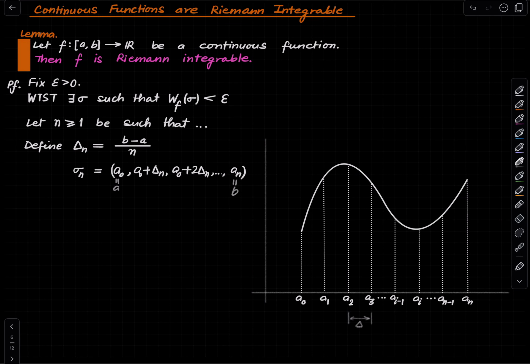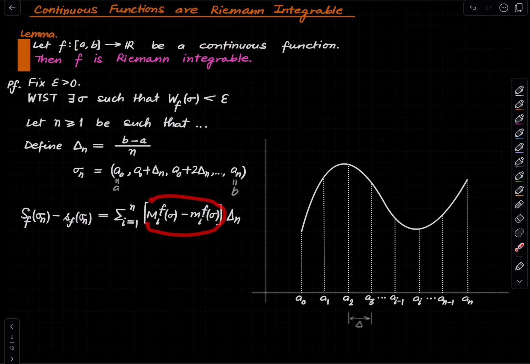And now, what is the difference between the upper and the lower sums? By definition, it is this expression, right? That's what it is. And now here is where continuity of the function kicks in. So first of all, continuity of the function implies uniform continuity, and that will imply that this can be uniformly made small.